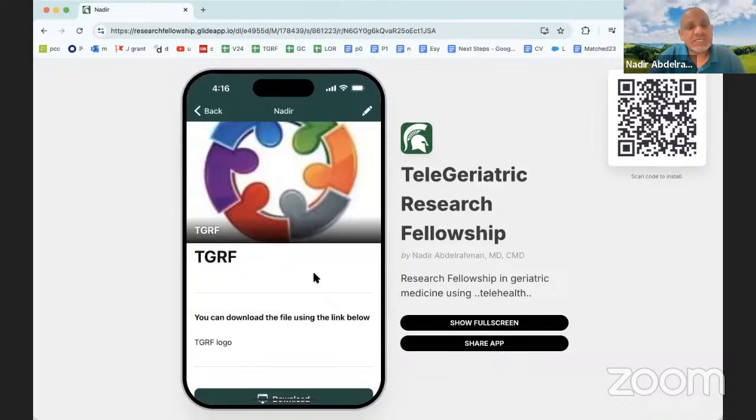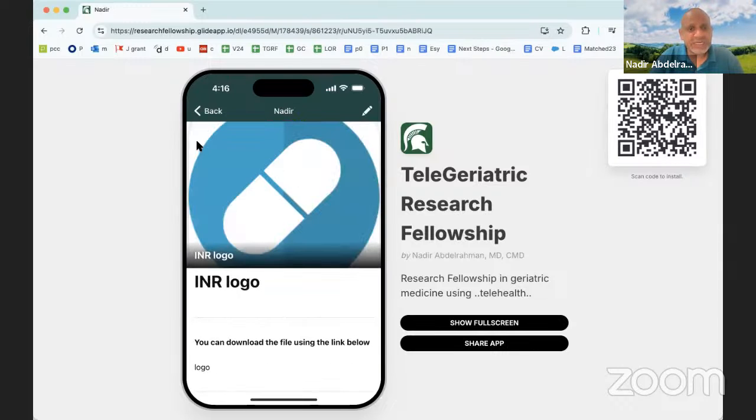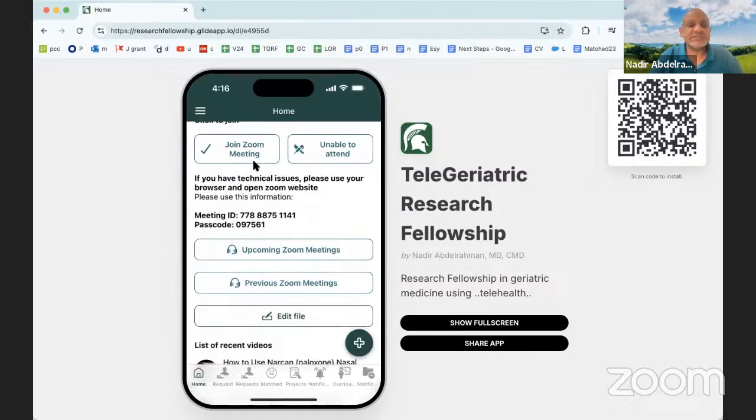PowerPoint can also be used as a simple editor for some of the shapes. This is the logo done for one of the mobile applications. It was done by Dr. Amal and her group. So it could be just a simple logo. I'm going to stop sharing.